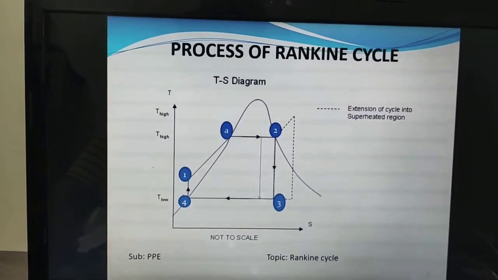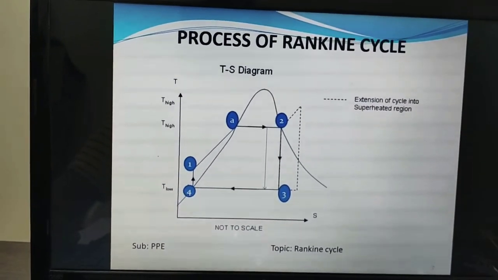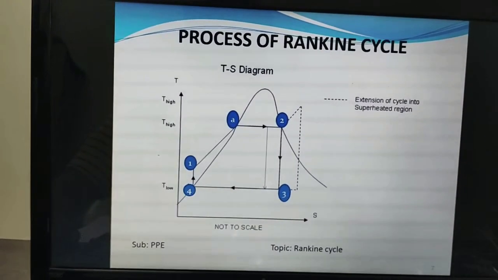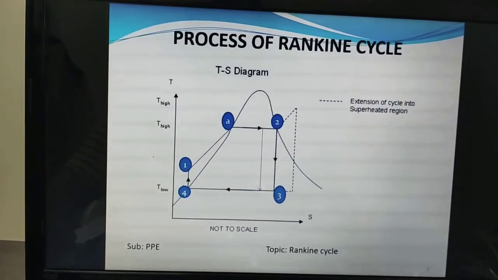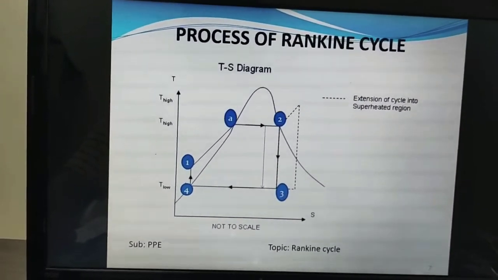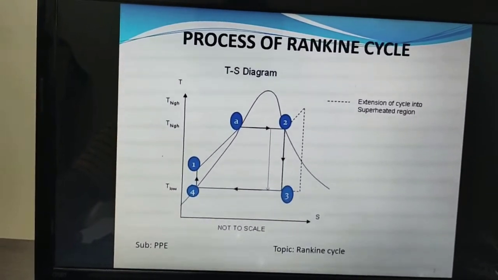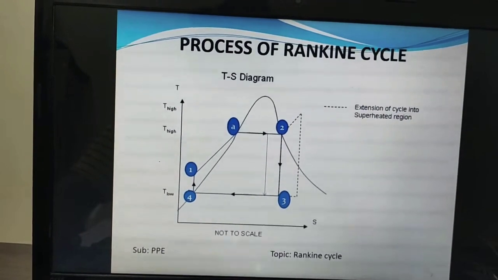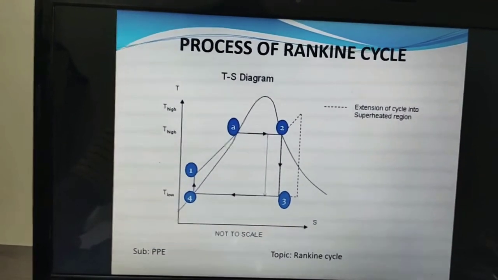The steam coming from the turbine at stage 3 is now isothermally condensed in a condenser, and the heat is rejected at a constant pressure P3 and temperature T3. Now the last process is 4 to 1. The water coming from the condenser at state 4 is pumped to the boiler at state 1.